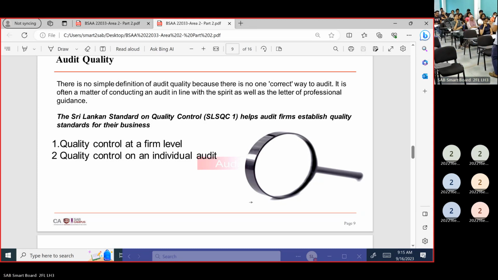And then as a firm, we should have a proper KPI evaluation mechanism, feedback mechanism, and performance evaluation system. Different applications are there to evaluate KPIs and feedback, then mid-year reviews and end-year reviews. And then a mentor-mentee relationship should be there.